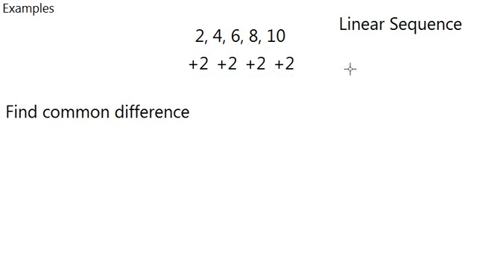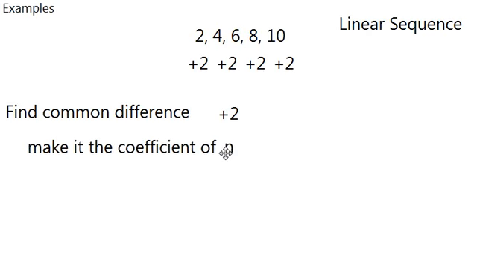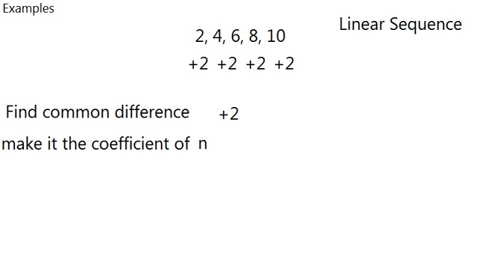Alright, so we have this. The common difference we can draw is adding 2. So now we need to make it a coefficient of n, and the coefficient of n will be 2n. But now what next?